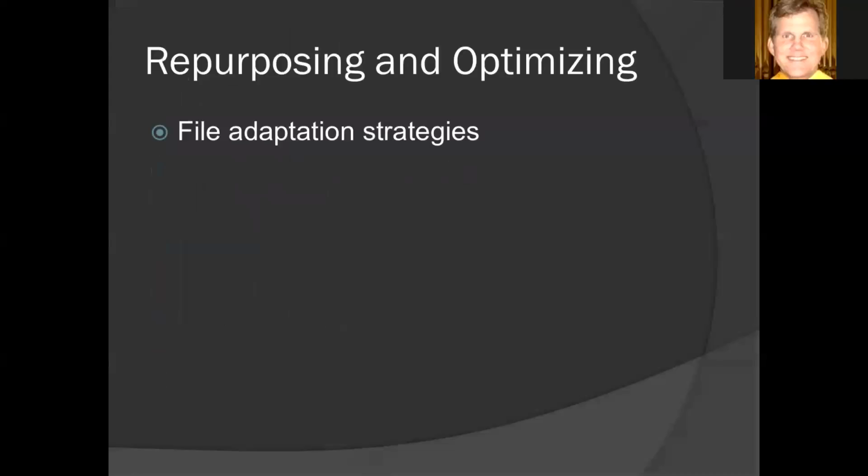This is when you may have a certain format that the medium you're going to doesn't support, or it's not high enough resolution. Well, this is what it means to adapt the file, and the author goes over various strategies and concerns about how to do that.